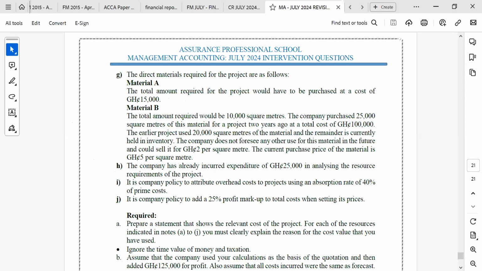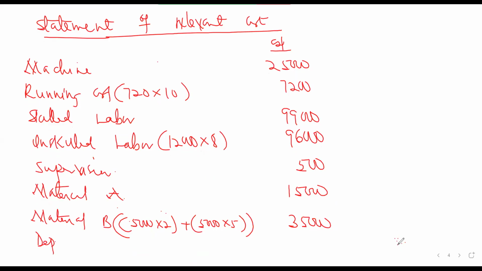The company has already incurred expenditure of 25,000 in analyzing. So let's bring some of the items that are not relevant. Let's bring depreciation; you just write a note that depreciation is to be dashed. We also have the research expenditure; you write a footnote to that.